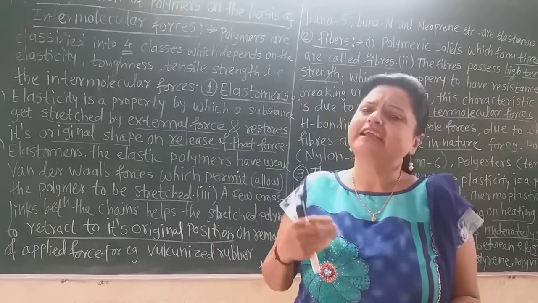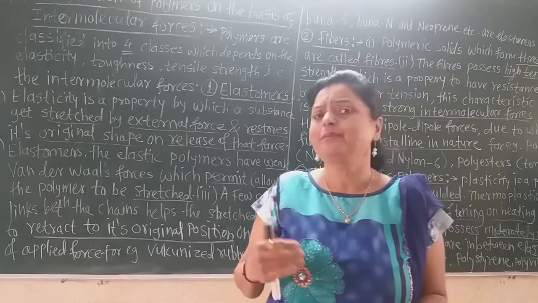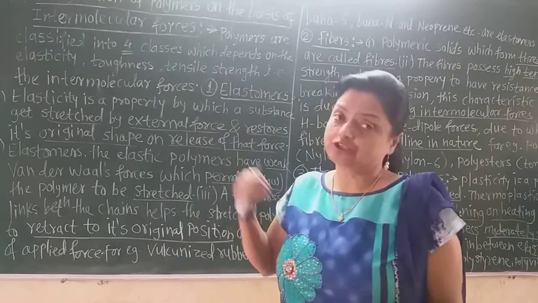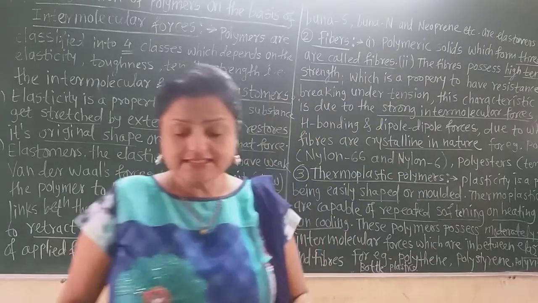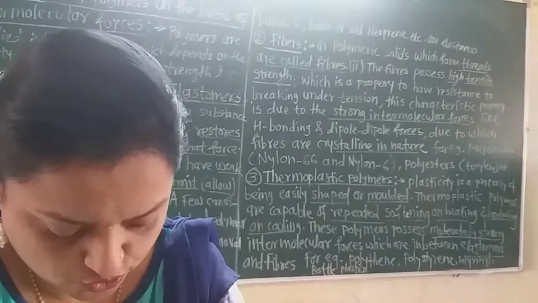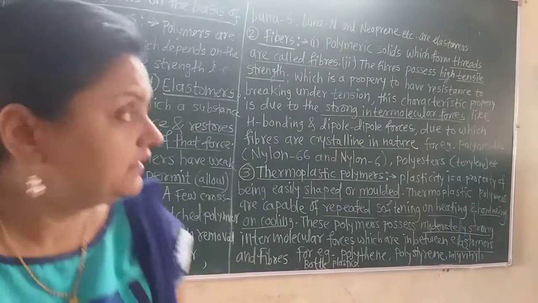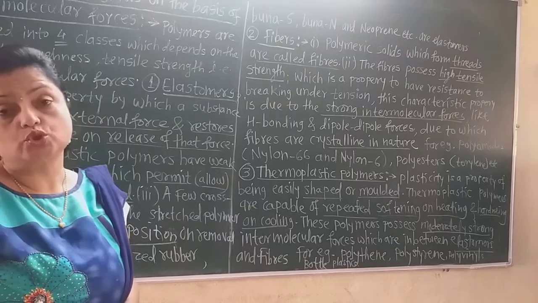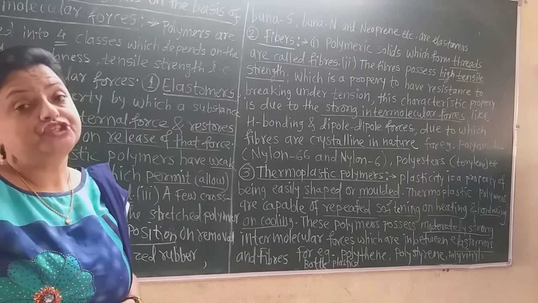So the hairband plastic is the best example of these elastomers. Now let us see other examples of these elastomers. Now see Buna-S and Buna-N. These are also very elastic plastics.